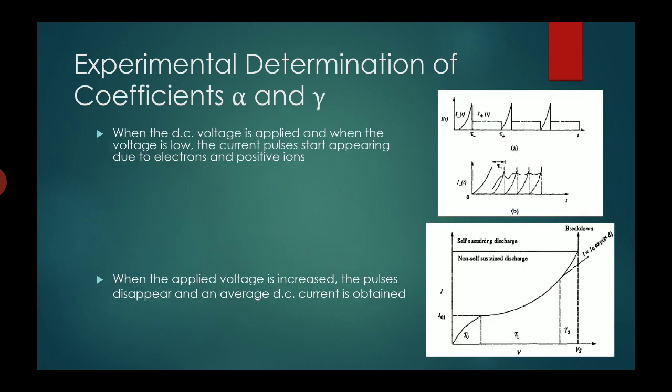So we have the experimental determination of coefficients alpha and gamma. The electrode system is placed in an ionization chamber, which is either a metal chamber made of chromium plated mild steel, stainless steel, or a glass chamber.